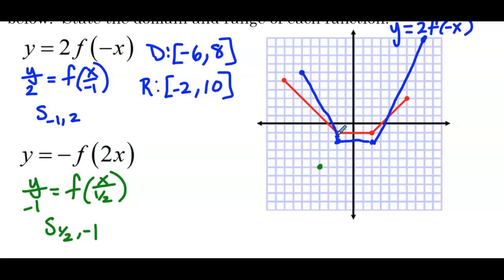Then we have negative 2, negative 1, so that becomes negative 1, positive 1. 2, negative 1 becomes 1, 1. And then here we have 6, 3, so that becomes 3, negative 3. 1, 2, 3. So we connect our points with lines.